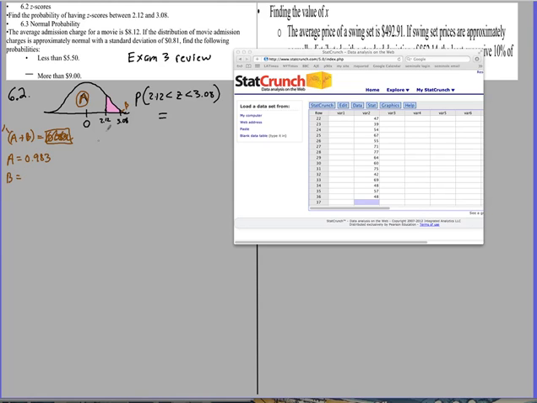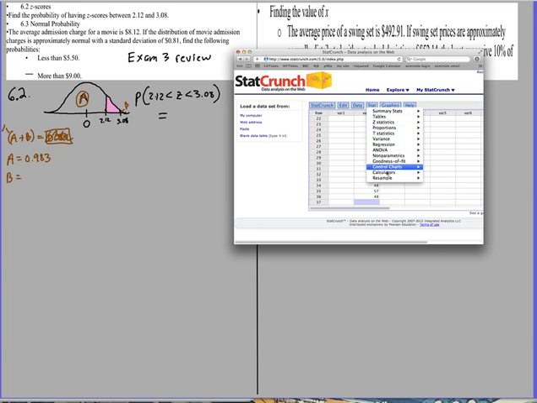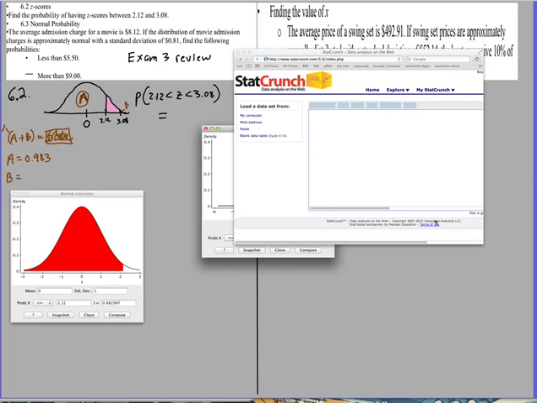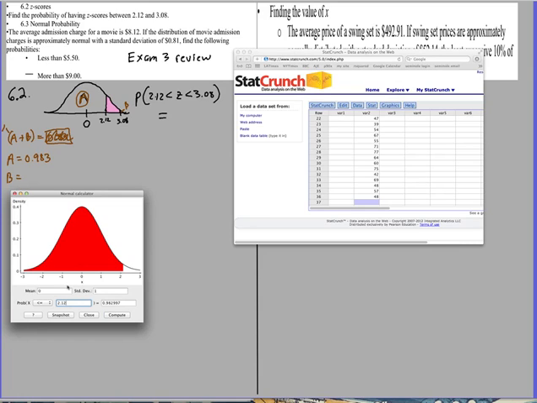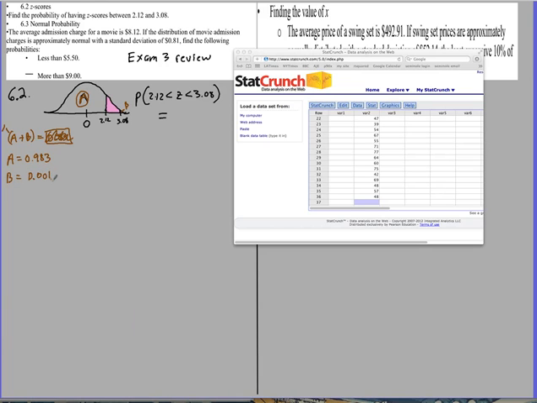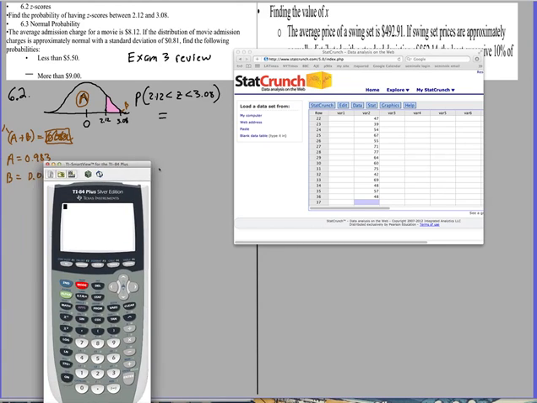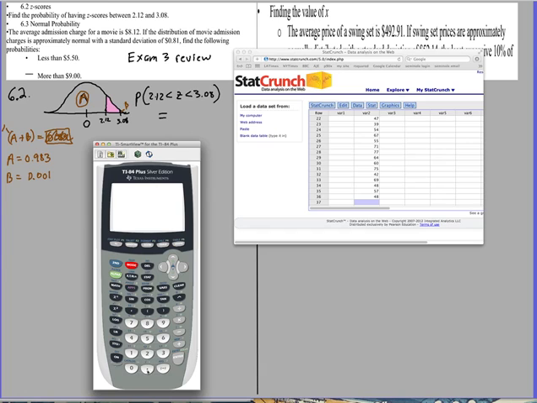My B is essentially going to be 0 because there's not much area to the right of that. Here it is. I want to go to the right of 3.08, which is 0.001. Now what we do is just sum these up.